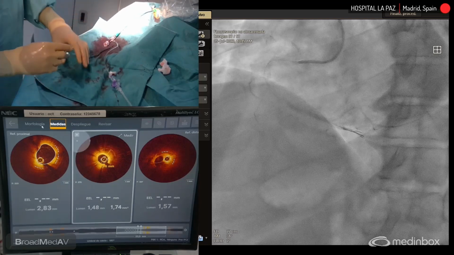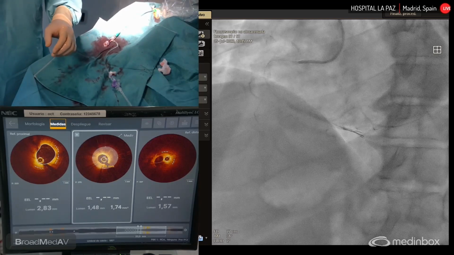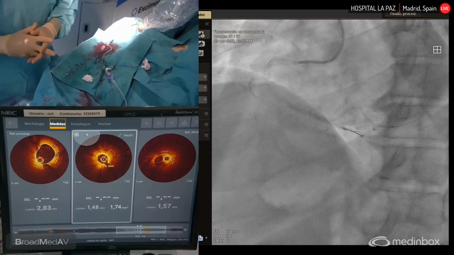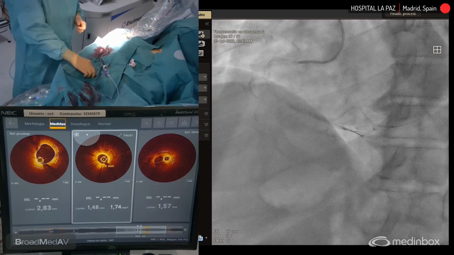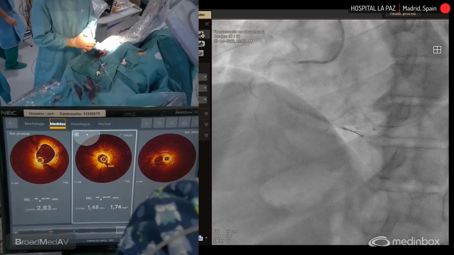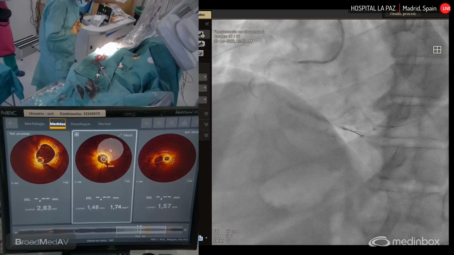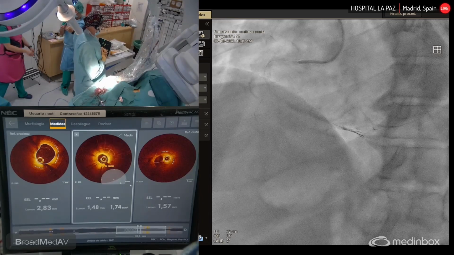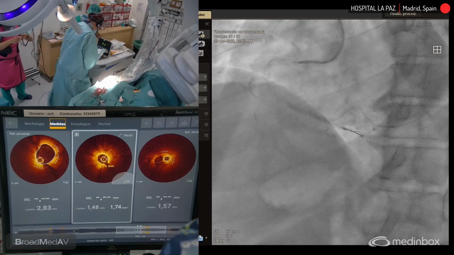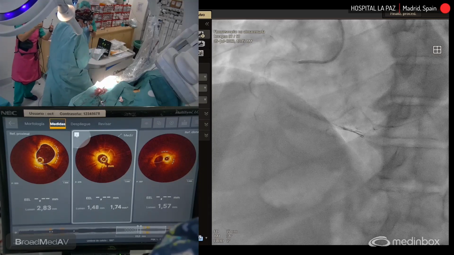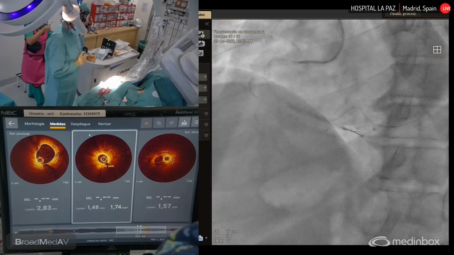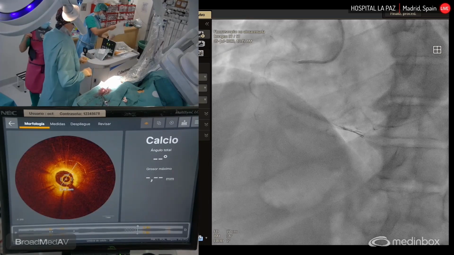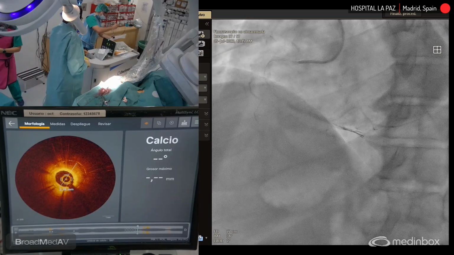First of all, we have to calibrate the console, the OCT, the laser console. So, Danny, can you help us? So I was making the measure of the stent, and the diameter is 2.75.